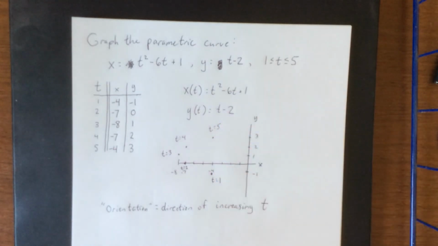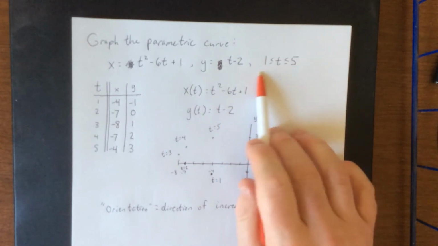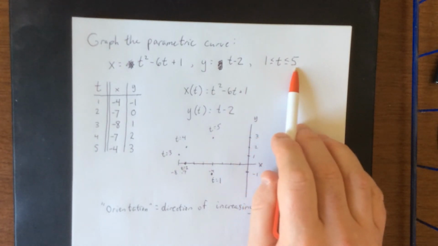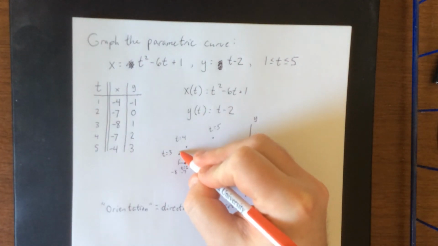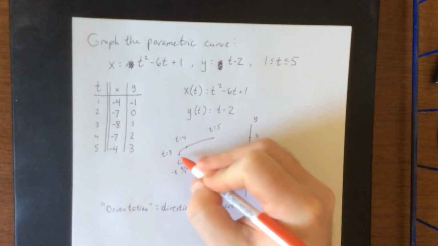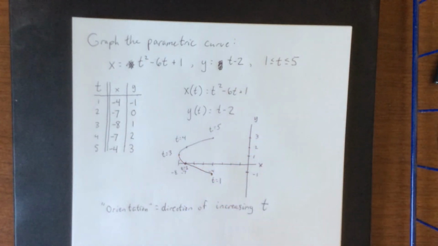Now with that in mind, because t has a definitive stop at these 2 points, we're not going to put an arrow at the edge of this curve. We're simply going to stop at those 2 points. Based on what I'm seeing here, it's looking like we're going to have a parabolic shape passing through these 5 points. Now, for the orientation of the curve, we need to indicate the direction of increasing t.